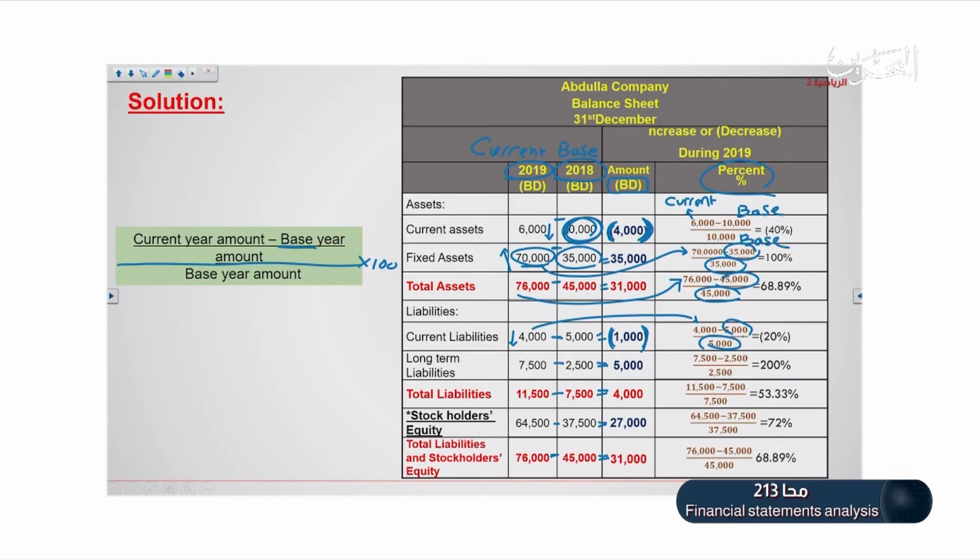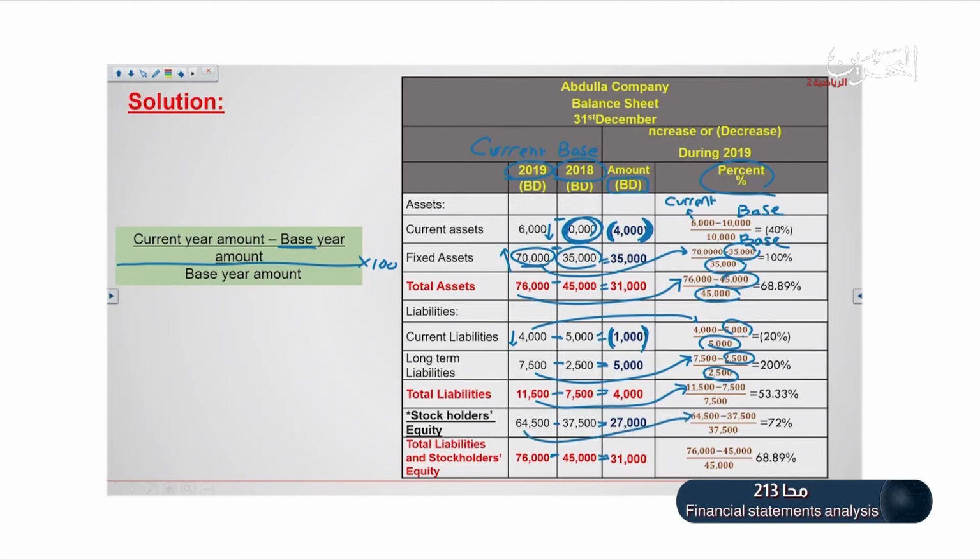Long-term liability, the same, 7,500 minus 2,500 over 2,500. Total liability the same, 11,500 minus 7,500 over 7,500. For stockholders' equity, the same.